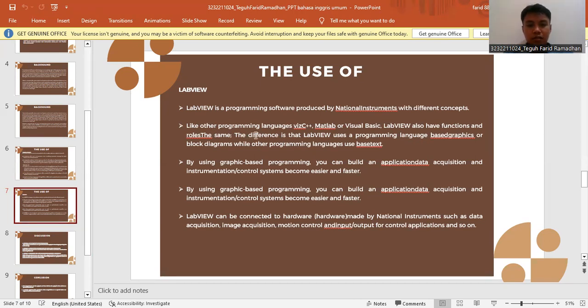The difference is that LabVIEW uses a graphics-based or block diagram programming language, while other programming languages use text. By using graphic-based programming, you can build applications, data acquisition, and instrumentation or control systems easier and faster.